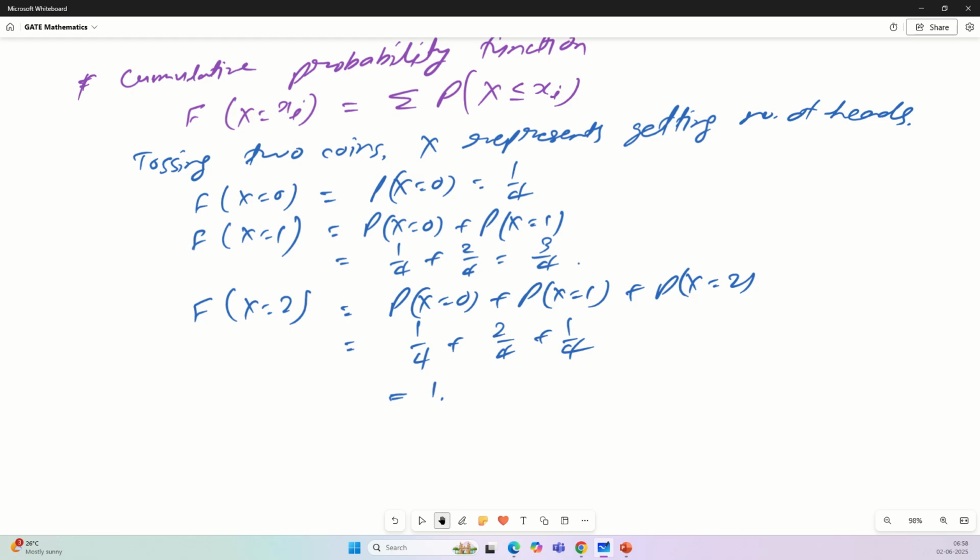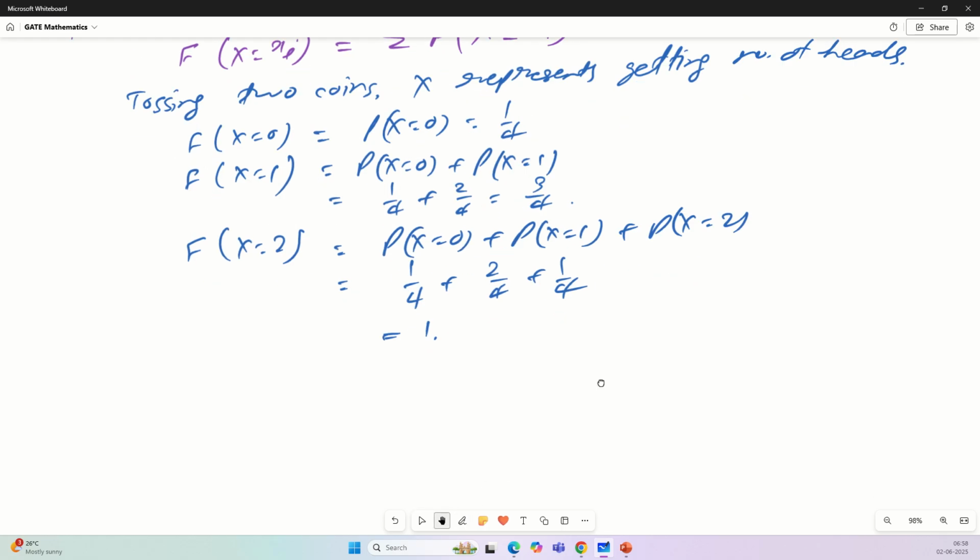Now you have understood what my cumulative probability function is. Now let us talk about continuous random variable in A to B. Got it?